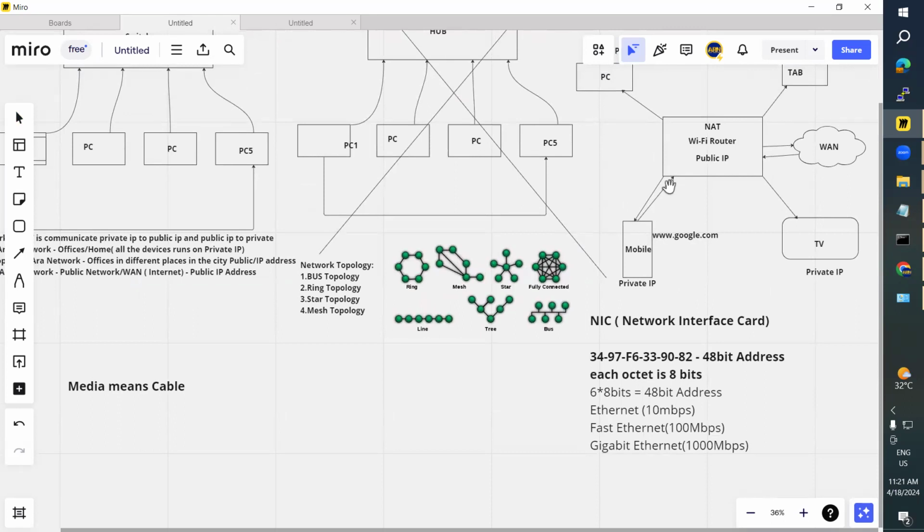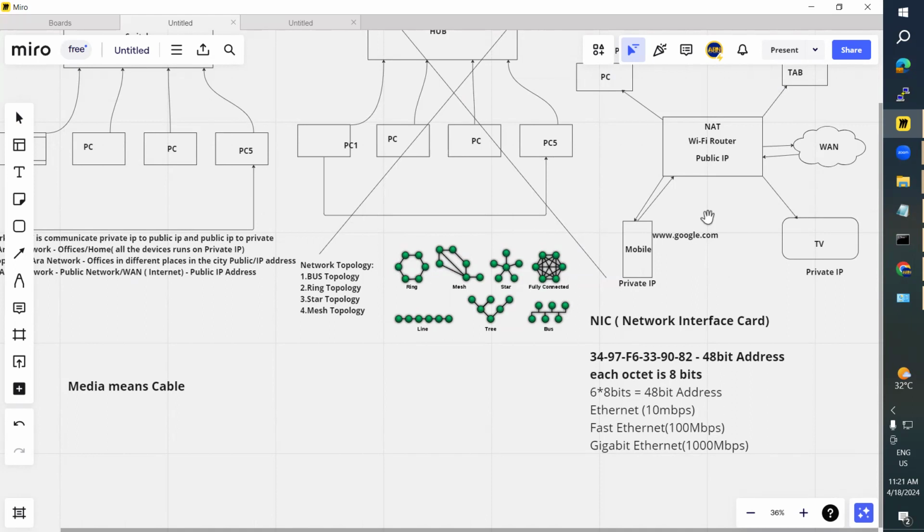Without the cable, we cannot connect it together, right? In the network, all the PCs are connected together with the help of a router, switch, hub, whatever. But without the cable, can we connect? We cannot, right? We cannot use Wi-Fi in the office network.